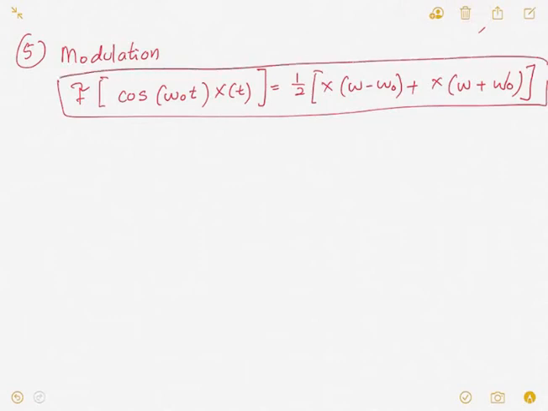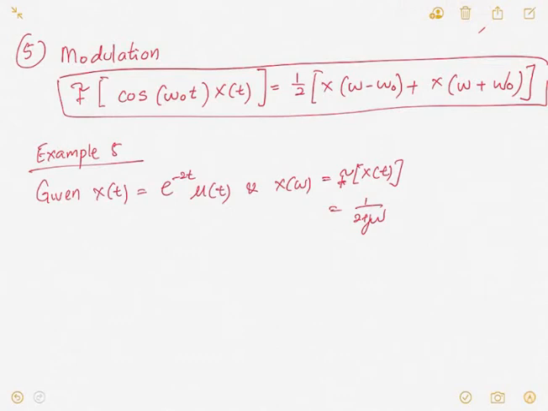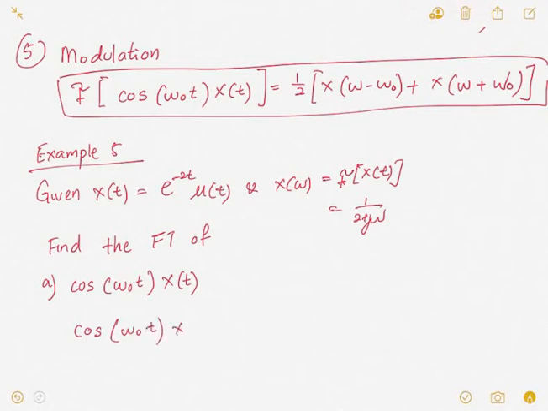Okay, now let's look at the example. Given that x(t) is equal to exponent negative 2t u(t) and X(omega) is again 1 over 2 plus j omega, you need to find the Fourier transform of cos omega naught t x(t).